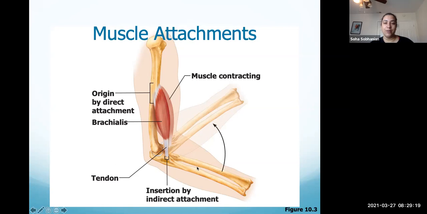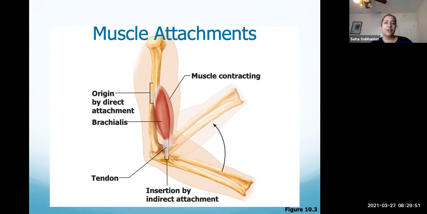This point is moving because it's bringing your forearm closer to your arm. So this point of attachment on the ulna is referred to as an insertion because it's moving, versus the point at your humerus, which is identified as the origin because it's less movable. Okay, so less movable versus freely movable in terms of muscle contraction.